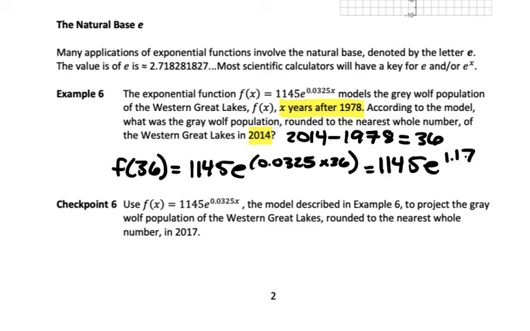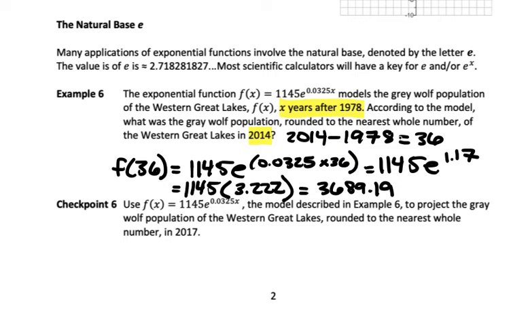If I multiply 0.0325 times 36, that's 1.17. Then according to order of operations, I would do e to the 1.17 next. And if I do that, that is equal to 3.222. And then lastly, multiplying by 1145 equals 3,689.19.